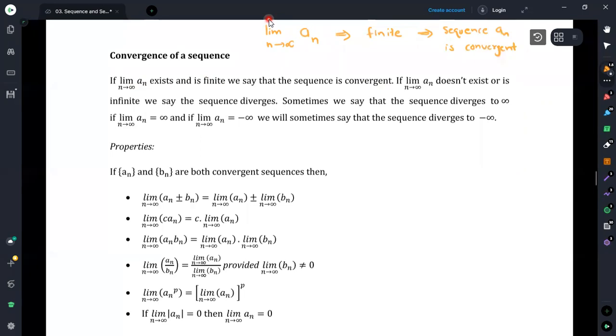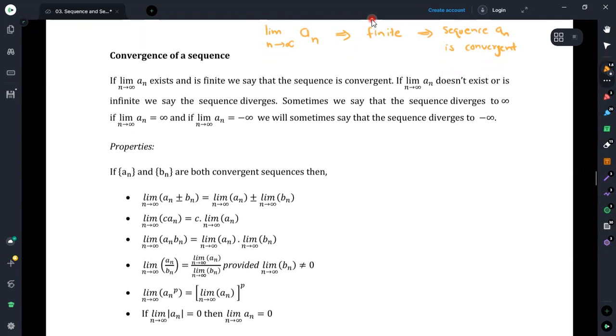Otherwise, if it is not a finite value, in the sense that the limit as n goes to infinity of an does not exist, or if you are getting the value as infinity, then we say the sequence is divergent.